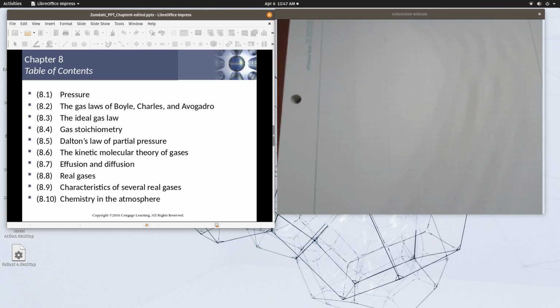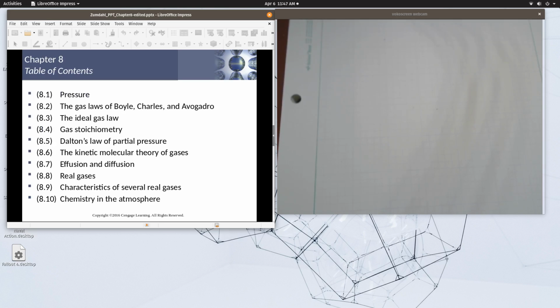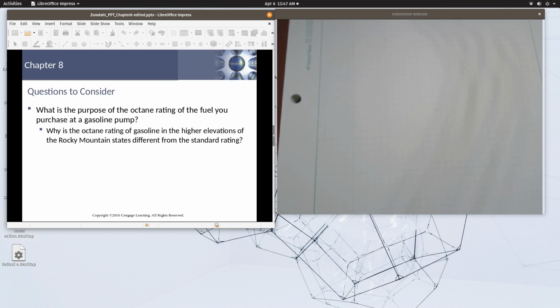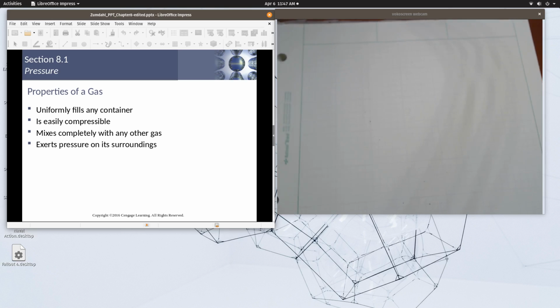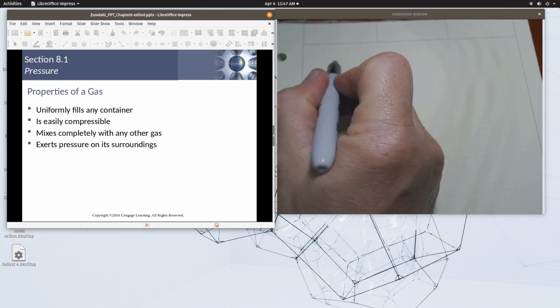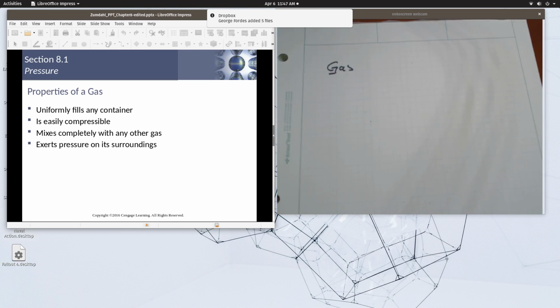So let's move on. So the first thing is any gas, and what defines a gas is simply that a gas expands to occupy all available space.